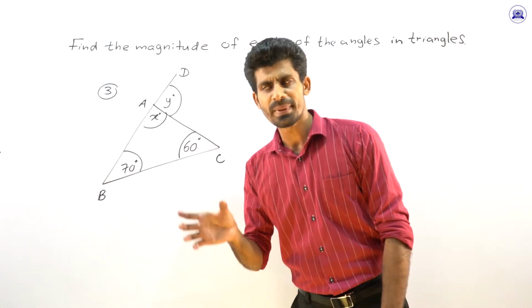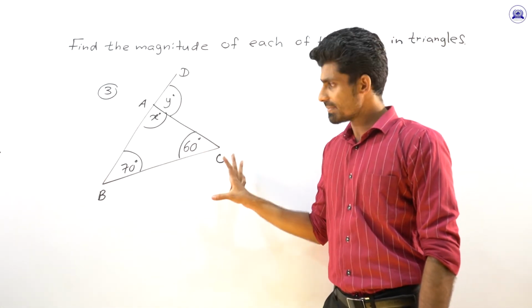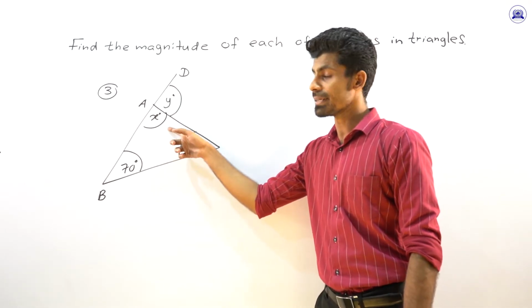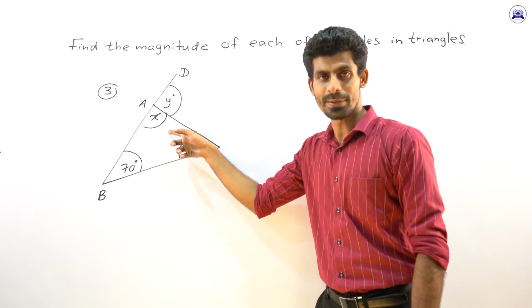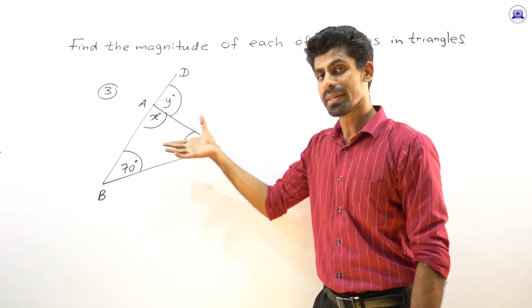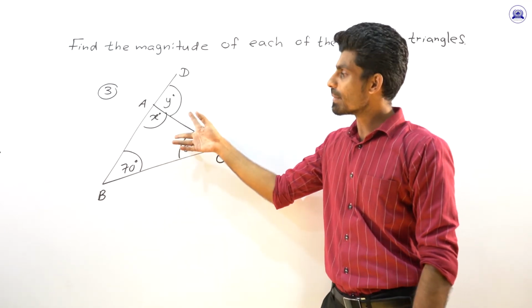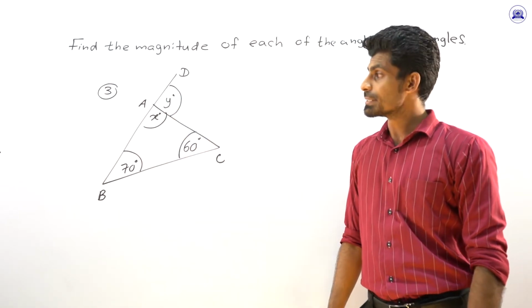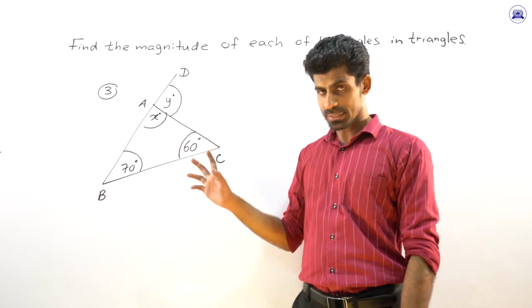Question number 3. This one is a little bit different from the other ones because I have merged in the theorem that you learned in grade 7. In grade 7 you learned about angles on a straight line. So let's use that one.